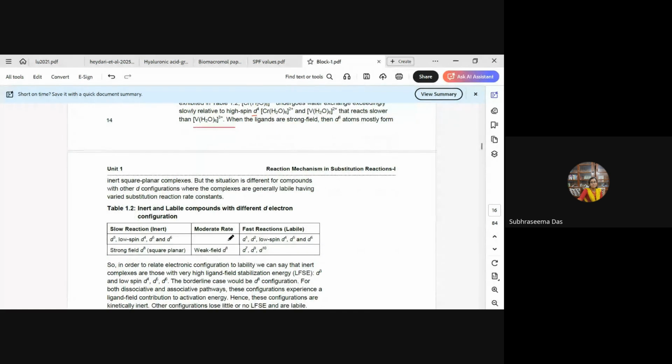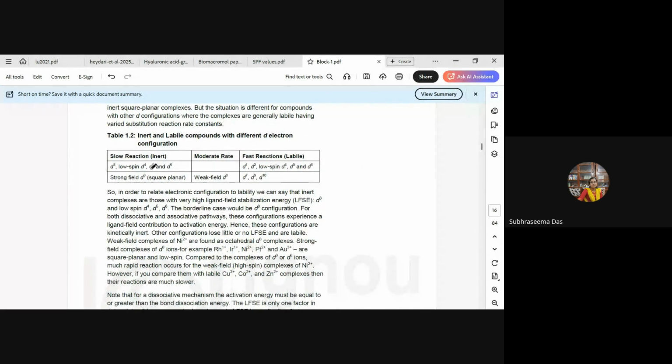Here we will look into table 2 and the general rules. For d3, low spin d4, d5 and d6, the reaction rate is slow, and fast reactions occur for d1, d2, and high spin d4, d5, d6. For strong field d8, that is square planar, the reaction is slow.